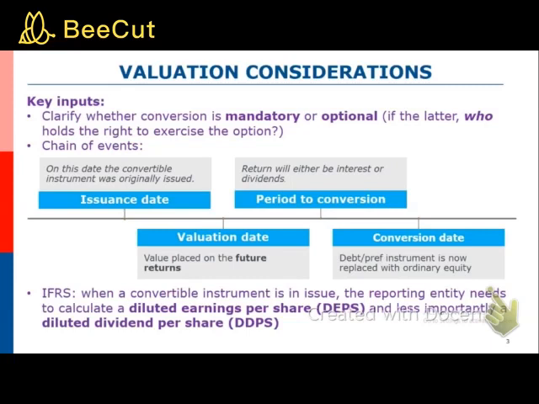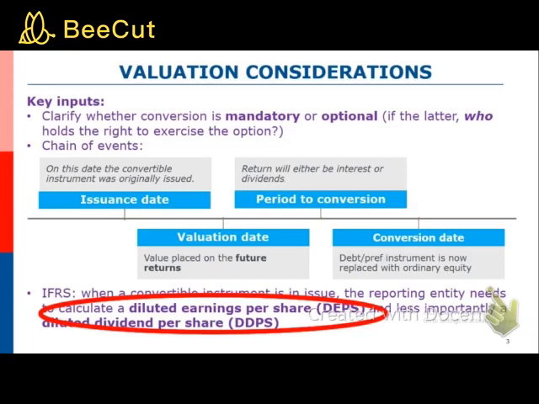This is going to be very, very key. From a corporate finance perspective, depending on whether it's a controlling or a non-controlling stake, we will use either the diluted earnings per share or the diluted dividend per share as the basis of our valuation of the ordinary equity component of this compound or hybrid instrument. But more about that when we apply that indicator and value it in our example that's going to follow quite shortly.